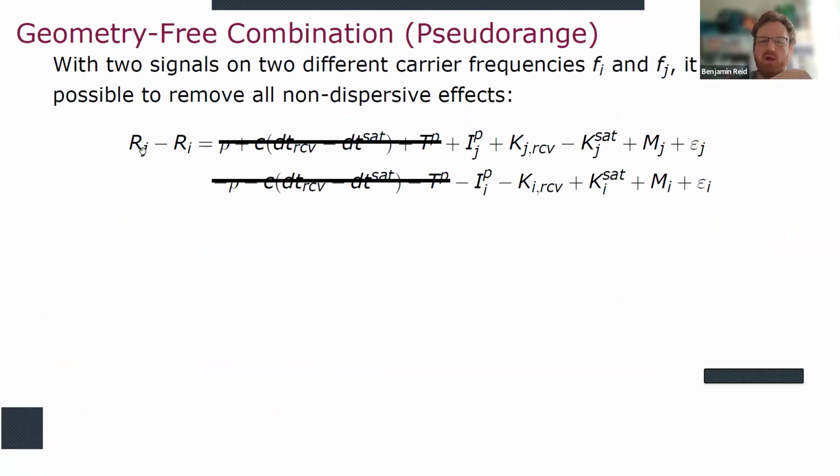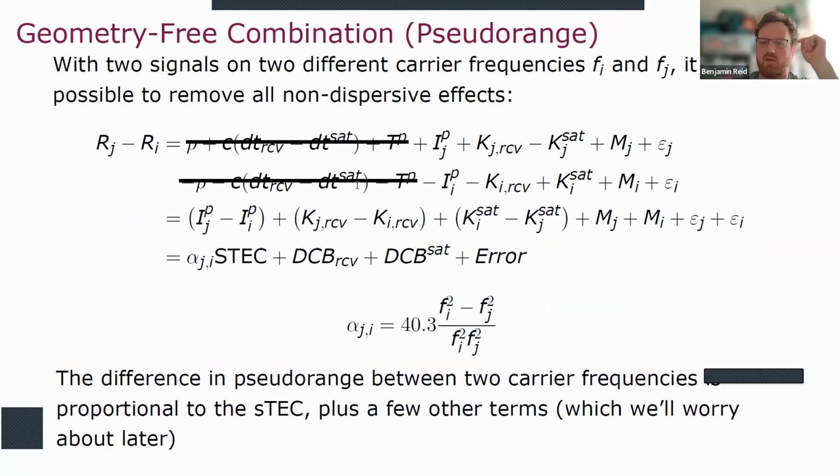So we can cross out, right? If we take one pseudo range and another pseudo range and we cross them all out and do some algebra and rearrange, you essentially get this term at the end. You get a term that's proportional to the slant TEC. You get a hardware-dependent term, which is called the differential code bias. So it's a hardware term that depends on the receiver, a hardware term that depends on the satellite, and an error.